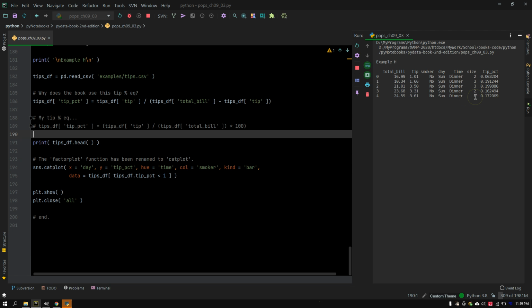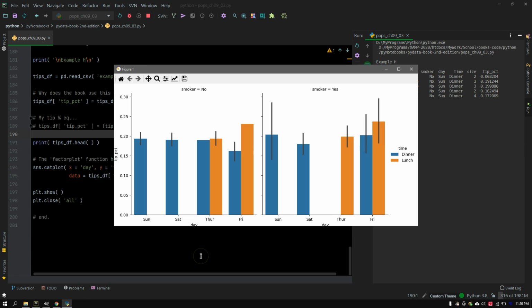Oh, so here we're having the smokers who gave less than 1%, I suppose. Yeah. And it did it again for smokers and non-smokers. It viewed it by the day. No lunch on Sundays and Saturdays. Percentage-wise, here.